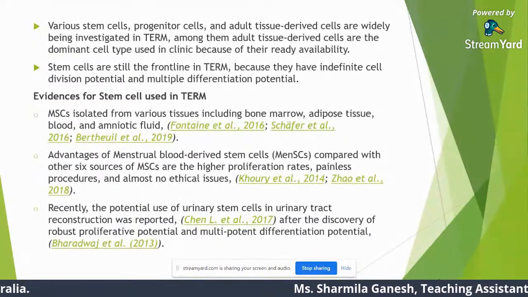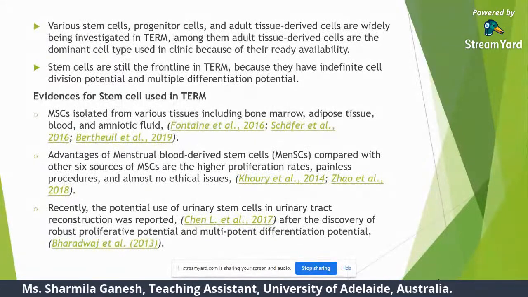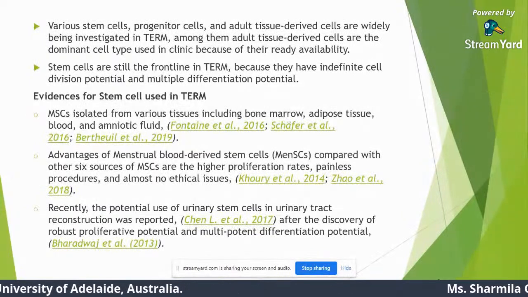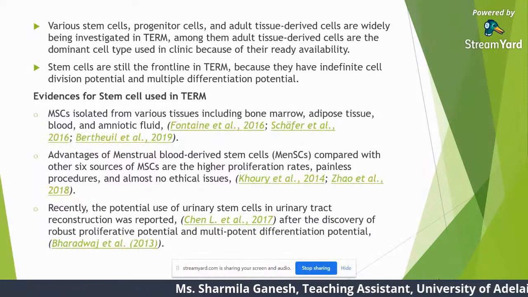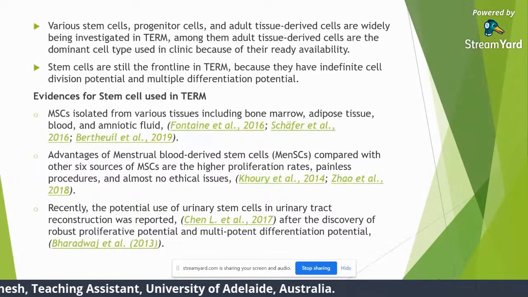And there is also a recent publication on urinary stem cells, which has shown a proliferative potential and multipotent differentiation potential in development of urinary tract. So here I have mentioned few publications, and you can refer them later.